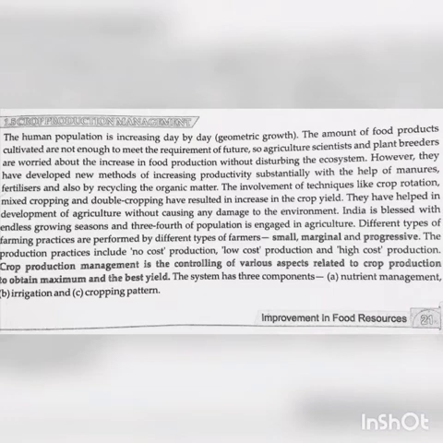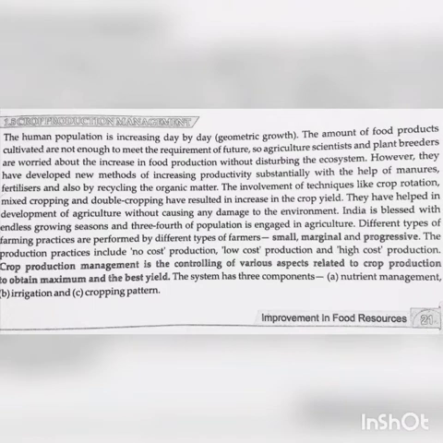However, they have developed new methods of increasing productivity and sustainability with the help of manure, fertilizers, and also by recycling organic matter. Techniques like crop rotation, mixed cropping, and double cropping have resulted in an increase in crop yield. They have helped in the development of agriculture without causing any damage to the environment.